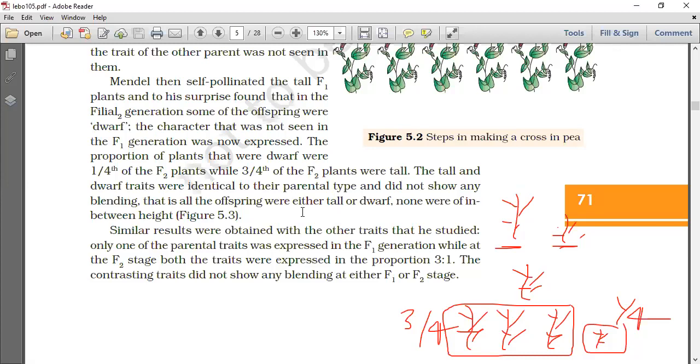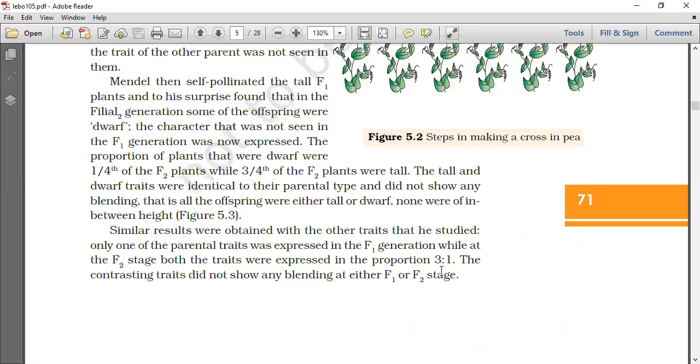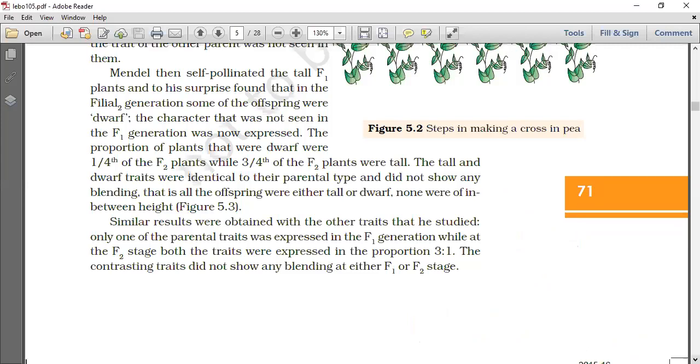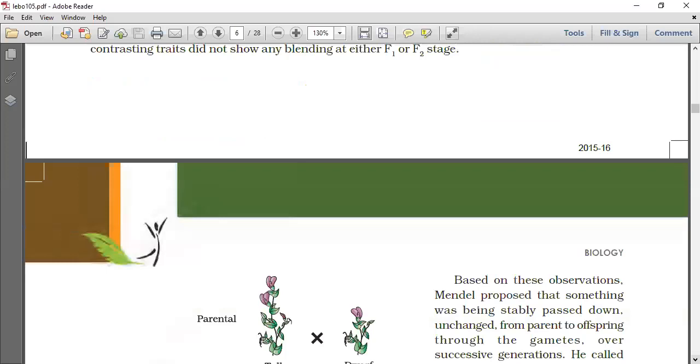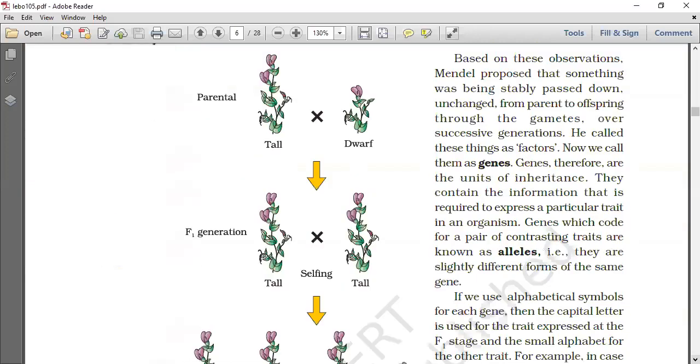In the F1 generation only one trait appeared, while at the F2 stage both traits were expressed in a 3:1 proportion. Mendel did not stop at the tall plant; for all 7 characters with 14 contrasting allelic forms, he got that 3:1 ratio in the F2 generation.